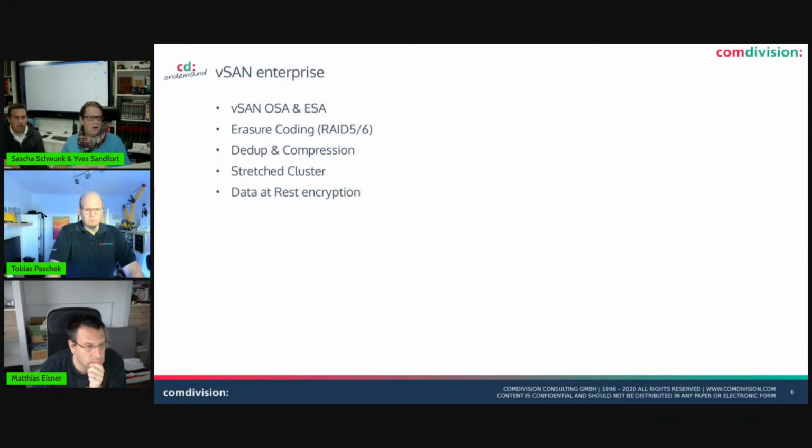Besides that, you can also now utilize stretch clusters and data at rest encryption. Service providers in the past tried to avoid stretch clusters due to cost, and this now allows them to really run management clusters in a stretch cluster scenario if they are near enough to each other.